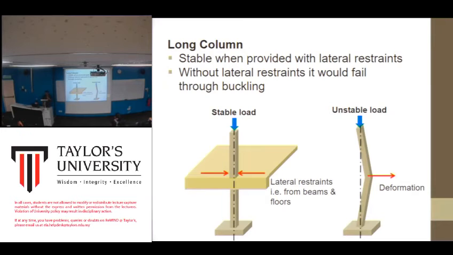For a long column, it's stable when provided with lateral restraint, something like beams or floors. If you have a long column and you have beams in between, it makes the column more stable compared to having only one column all the way up to the roof.